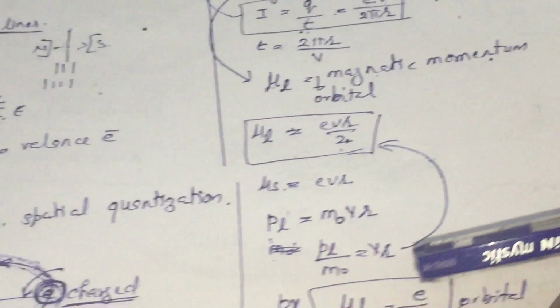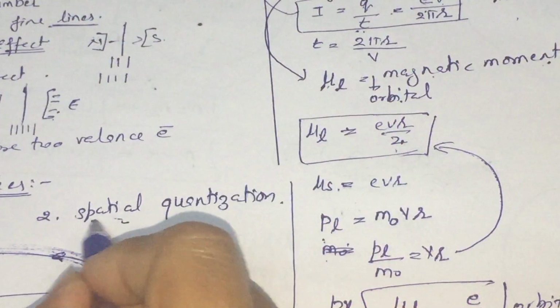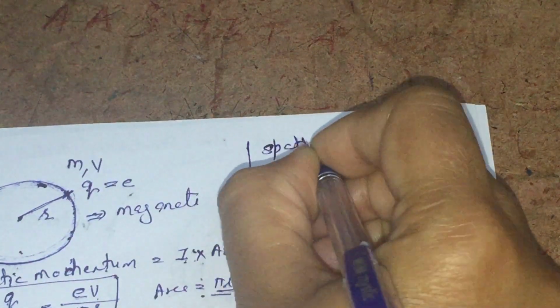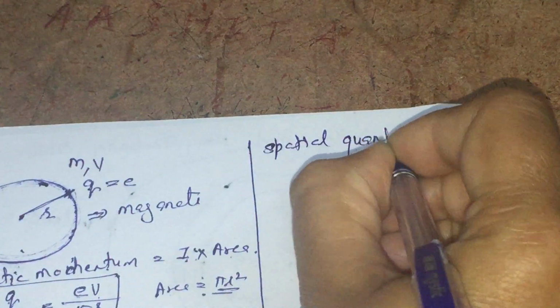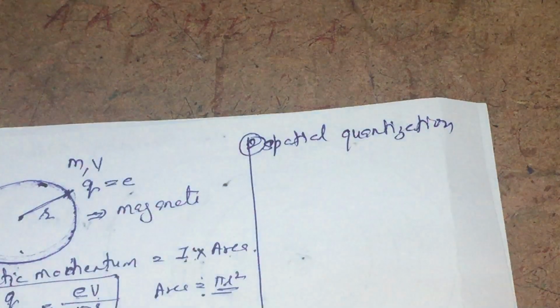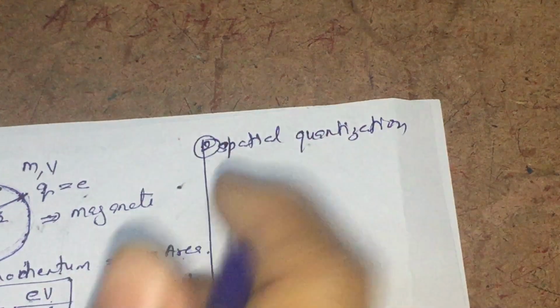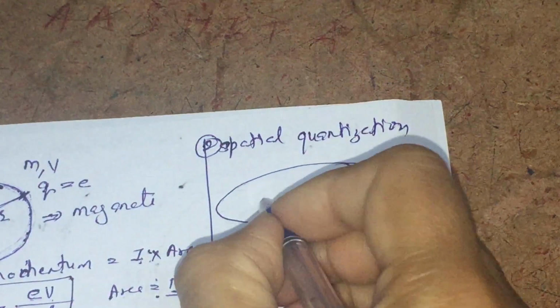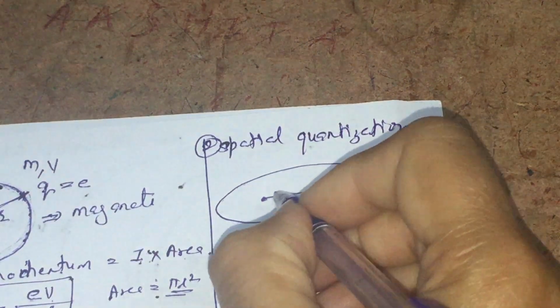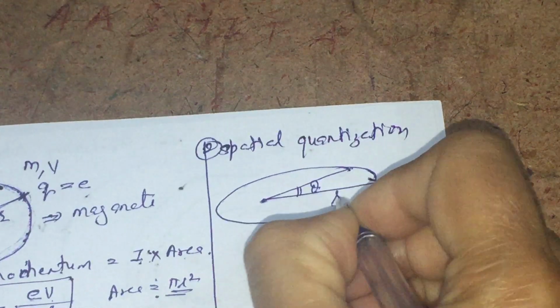The second feature is space quantization of the orbit. Let me explain that. If we are considering the motion of the electron according to the Sommerfeld atomic model, there are only two variables: one is our radial vector r and another is our angle theta.